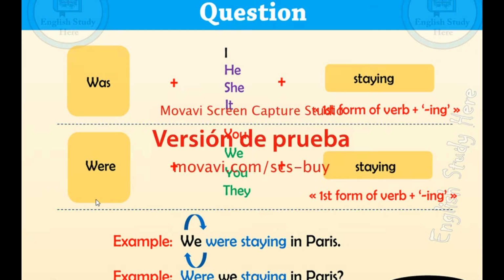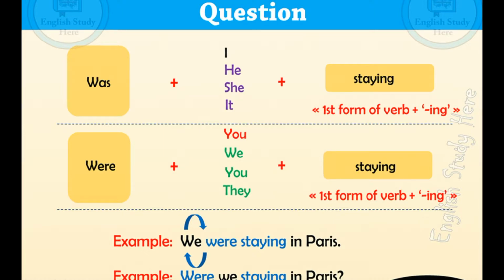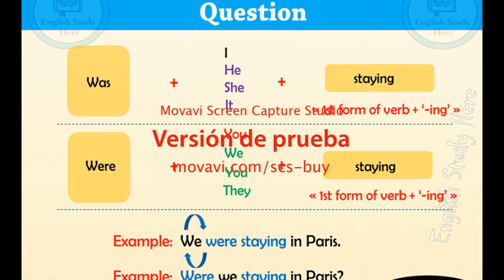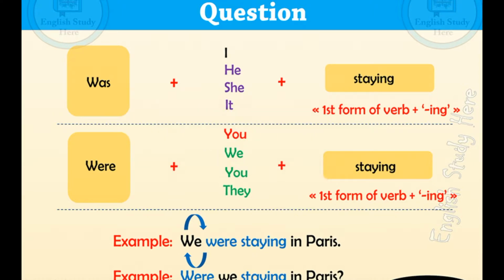For the second structure for the question, we need the auxiliary were plus the pronouns you, we, you, and they, plus the first form of the verb in -ing. For these examples, we were staying in Paris. For the question: were we staying in Paris?